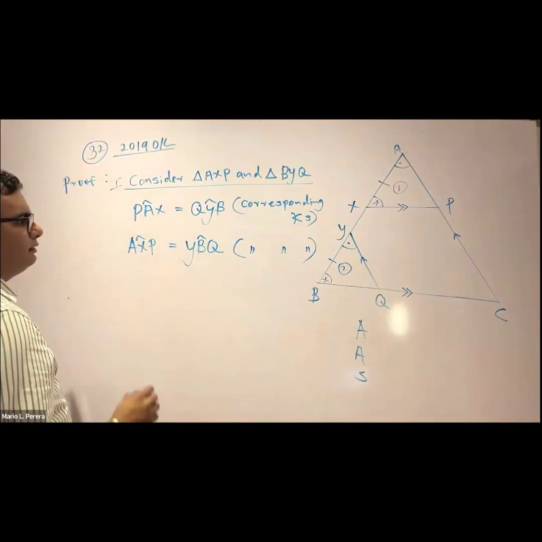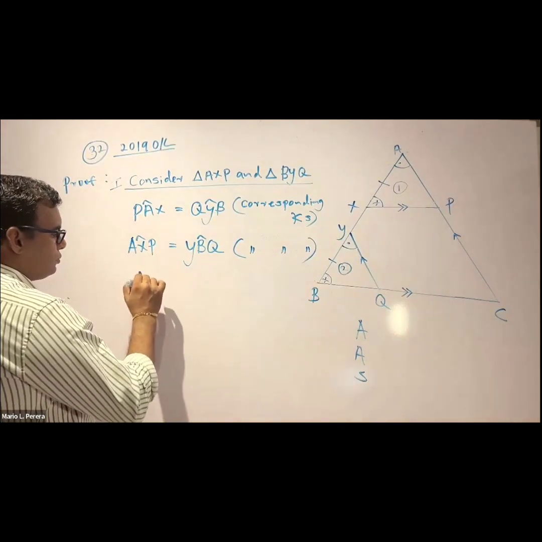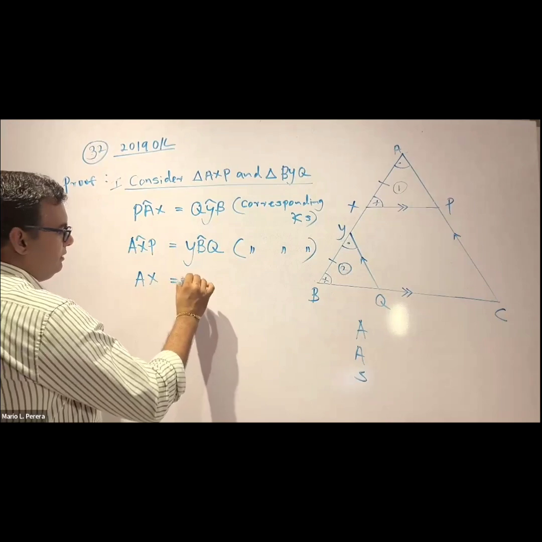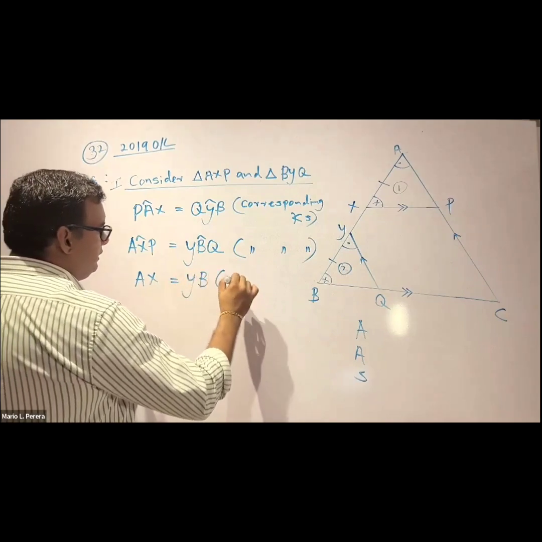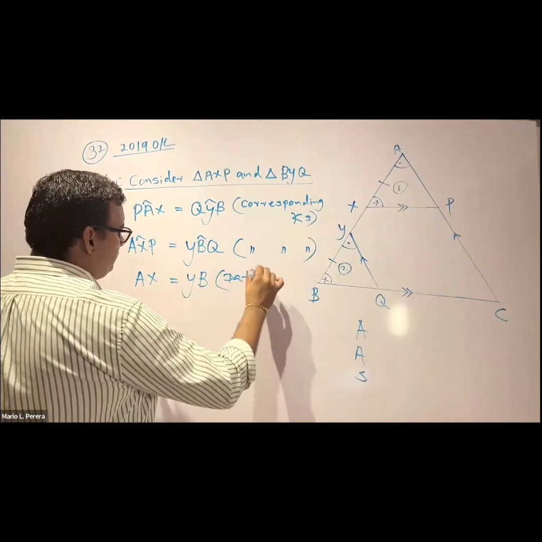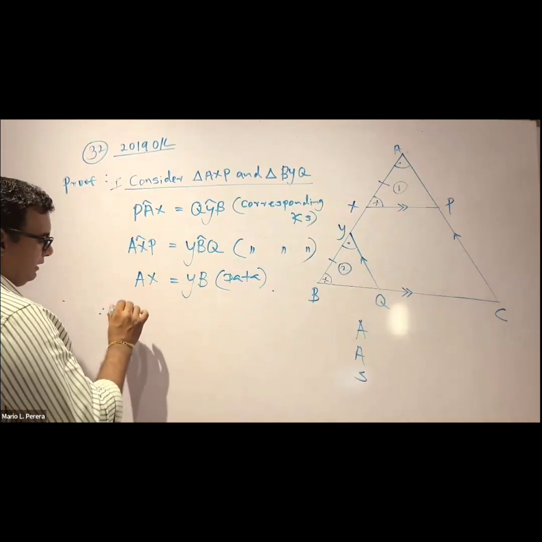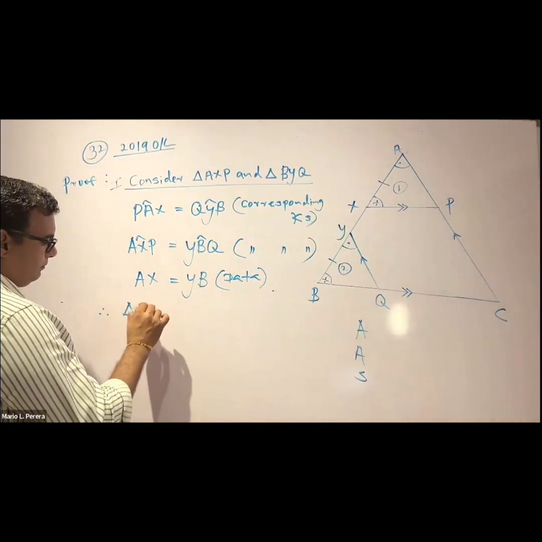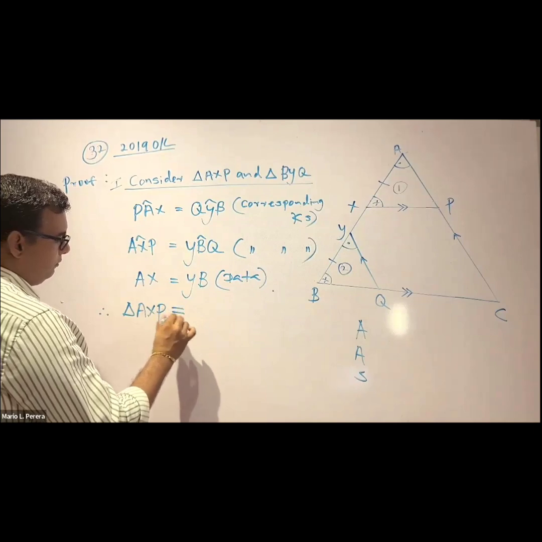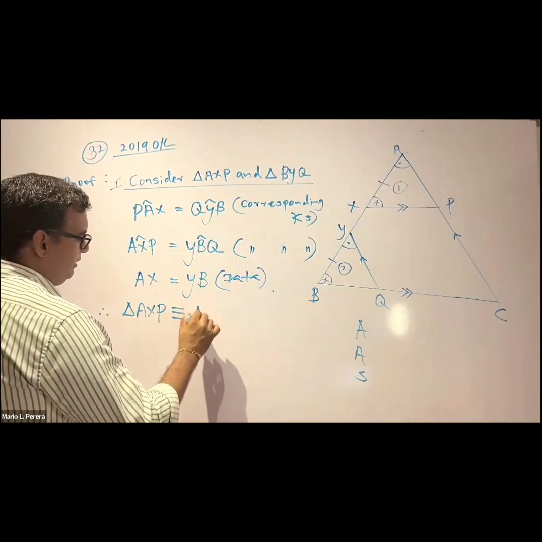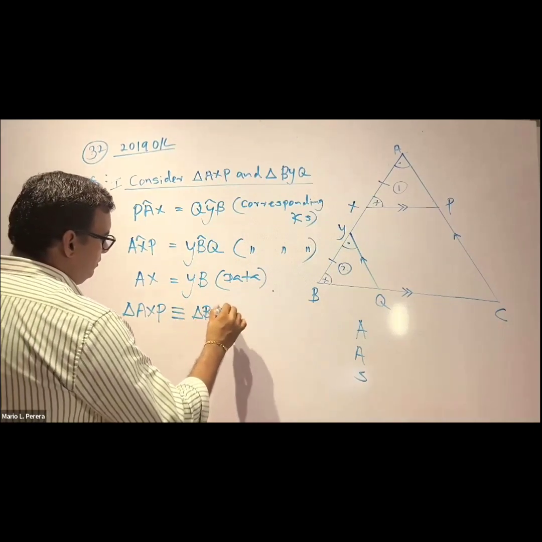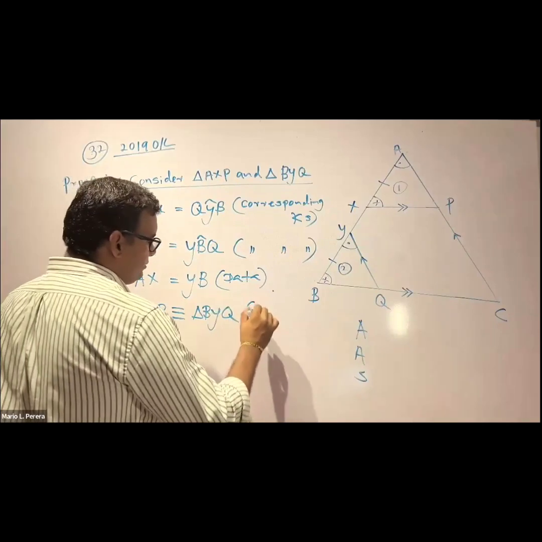Then the side, easily AX is equal to YB, that is given data. Therefore, triangle AXP is congruent to triangle BYQ, reason AAS.